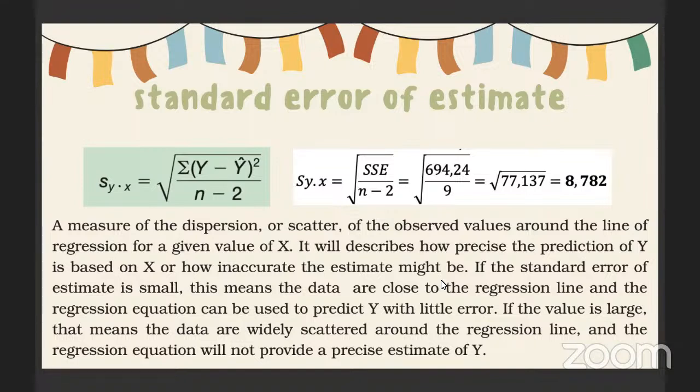It is the standard deviation of y times x, equal to the square root of the sum of square error divided by 9. So our value of the standard error of estimate is 8.782, which is the same as the value provided in the analysis toolpack in the previous slide.